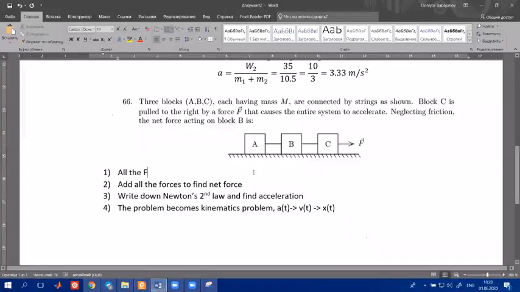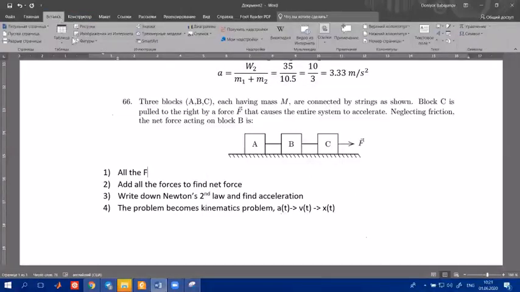So mAg is compensated with NA, mBg is compensated with NB, and mCg is compensated with NC. That's why we don't write vertical forces.